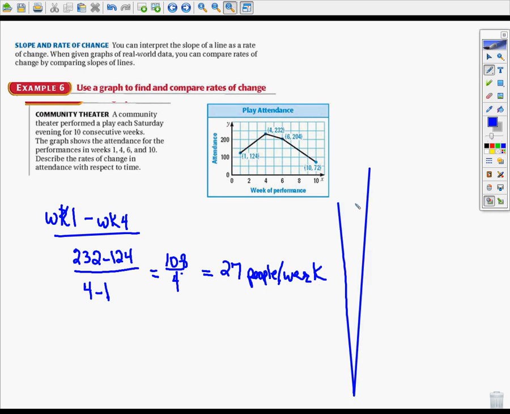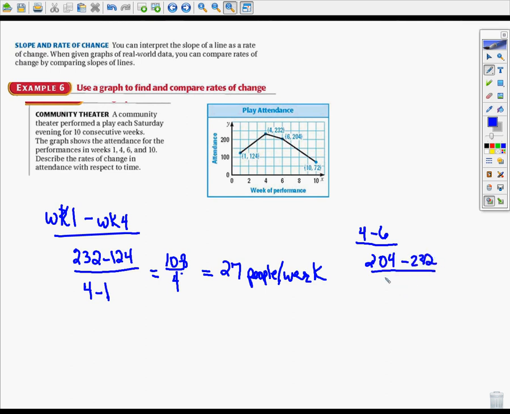And then we'll look from weeks 4 to 6. And we'll take 204 minus 232 over 6 minus 4.